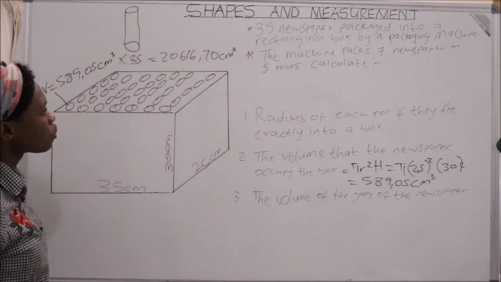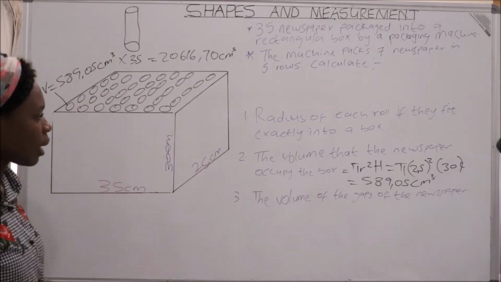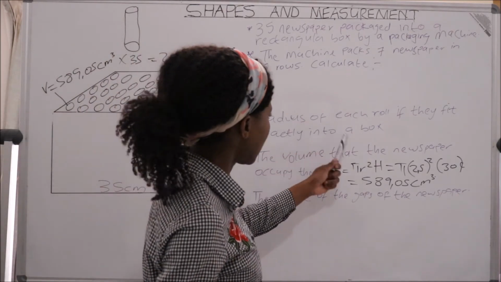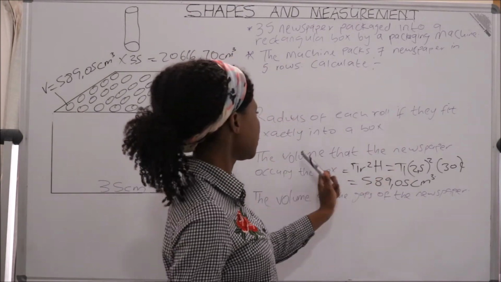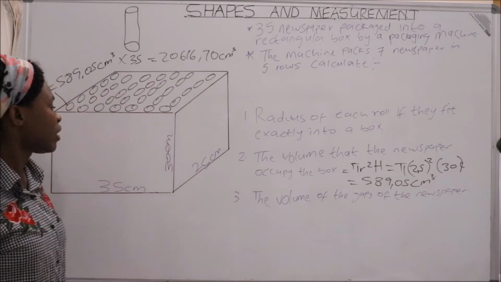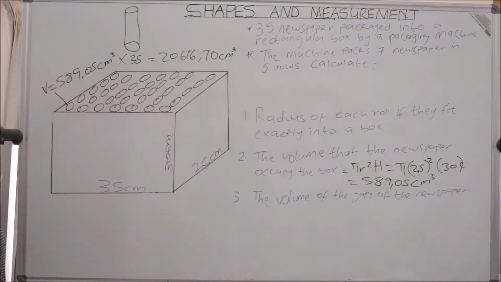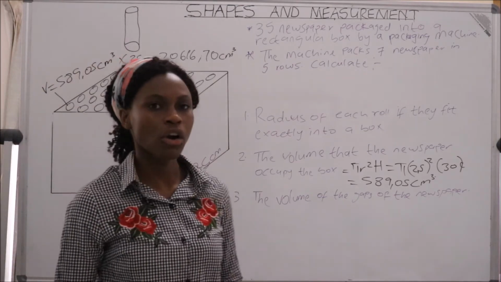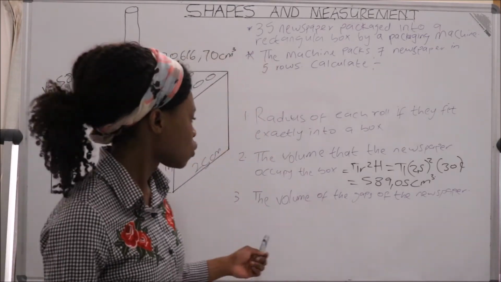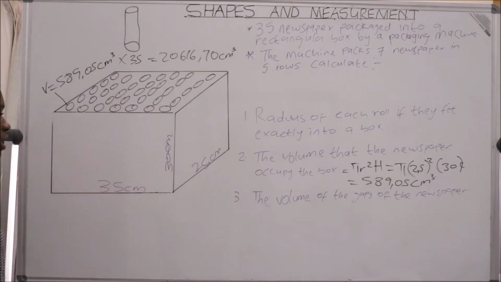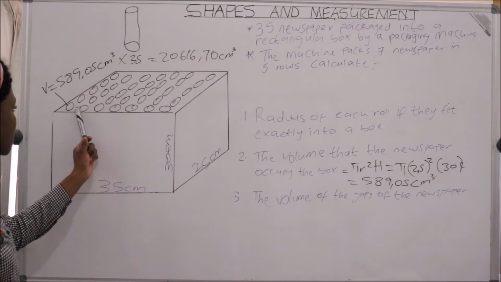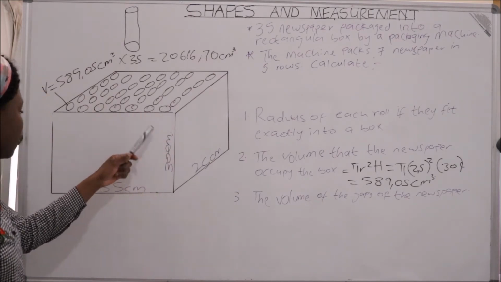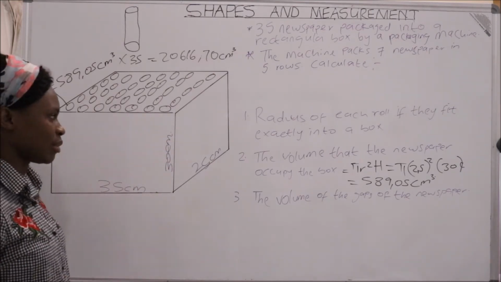The first question was saying that we must calculate the radius of each roll, that means each newspaper roll, if they fit exactly into the box. If these 35 newspapers are fitting into this box, we have to use the dimensions of 35 centimeter length and the 25 centimeter breadth. First, using the 35 centimeter length, we divide that by 7, as the 7 is parallel to the 35 centimeter length.